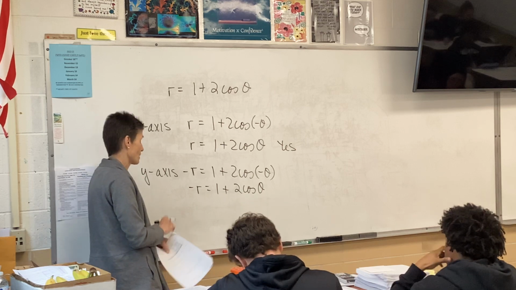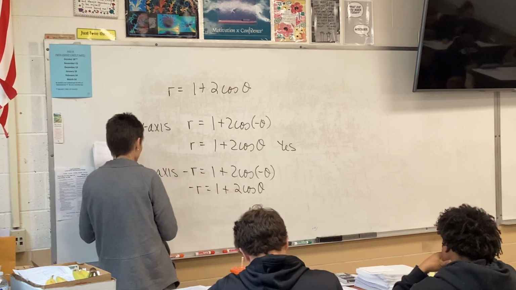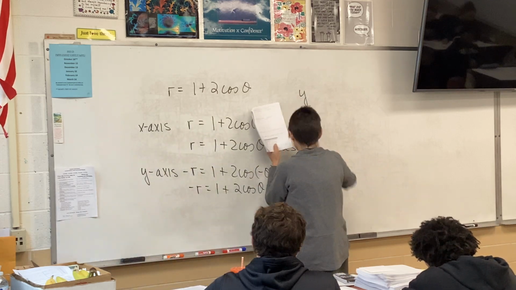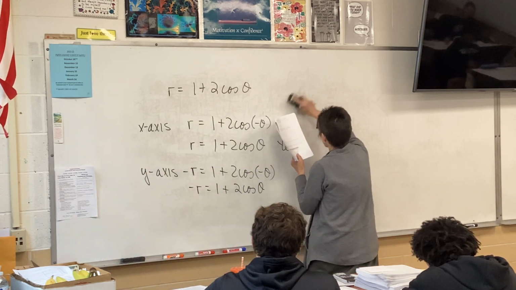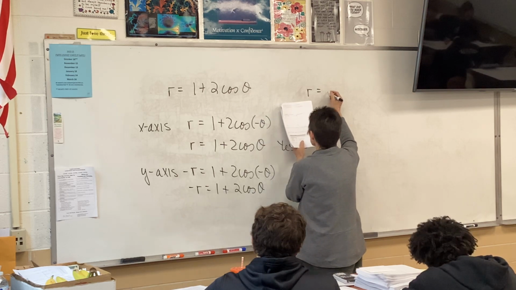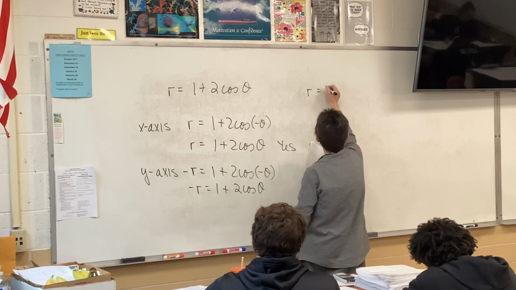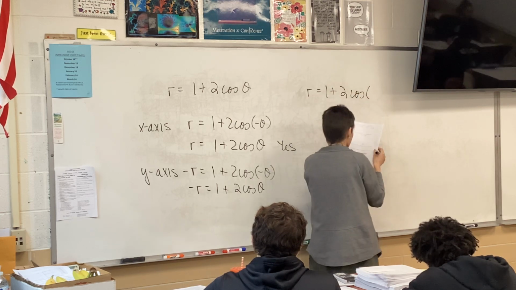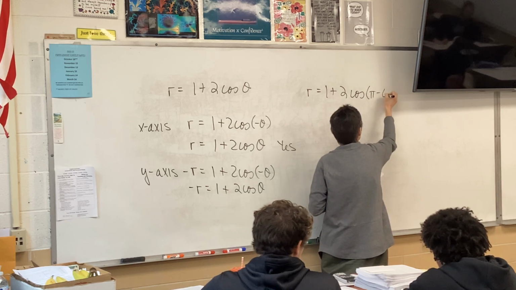No. So we'll try the other one. The other test is r equals 1 plus 2 cosine. Now I'm going to take out the theta and replace it with pi minus theta.